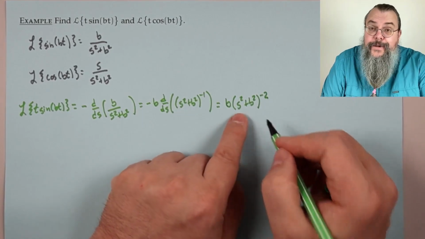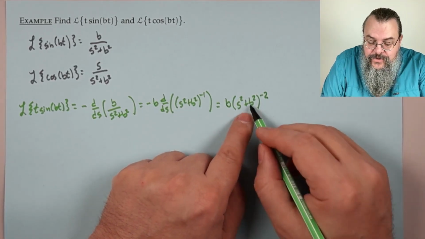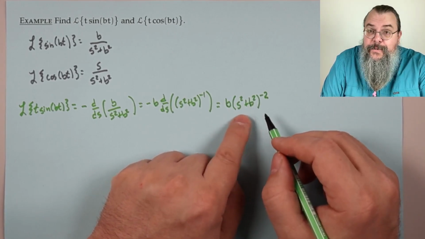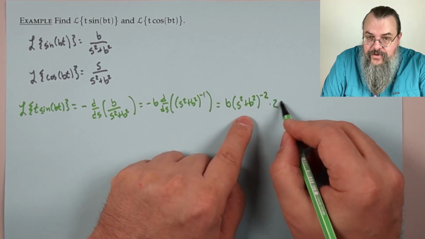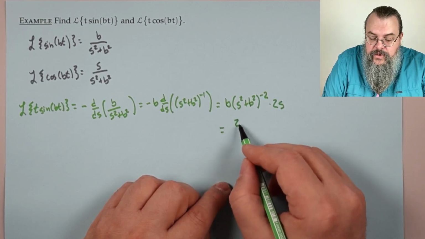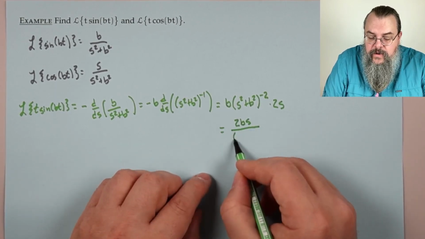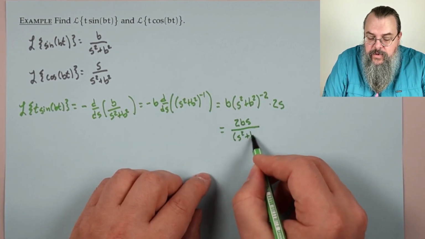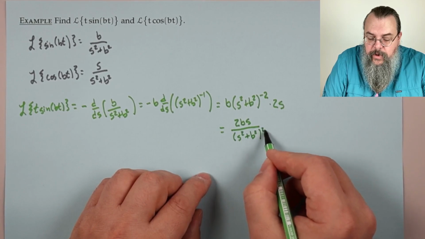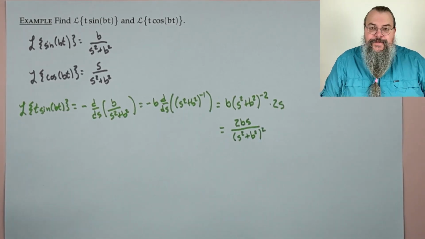And finally, chain rule, don't forget the chain rule. Derivative of s squared plus b squared with respect to s is 2s, so altogether we get 2bs over (s squared plus b squared) squared. And there we go. That wasn't so bad.